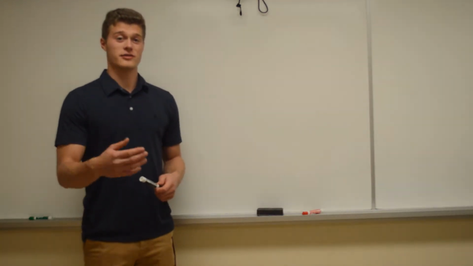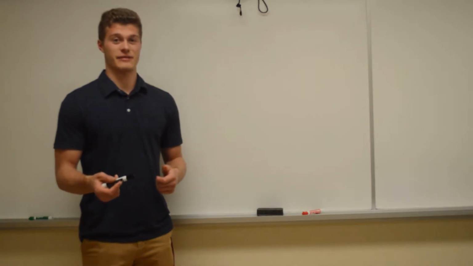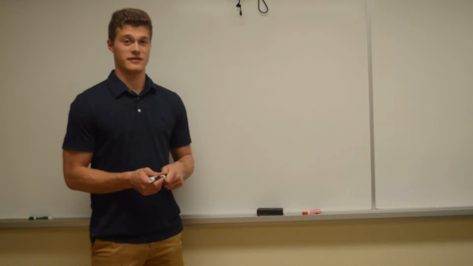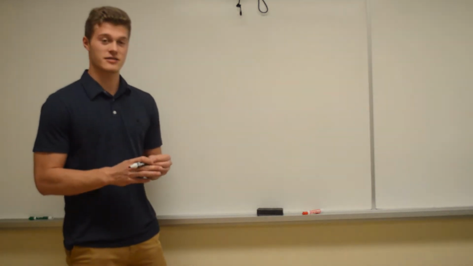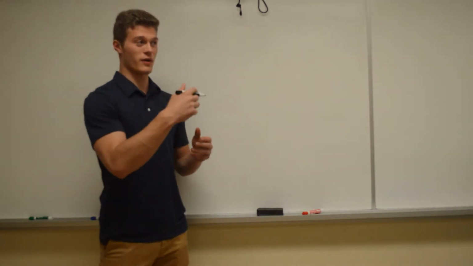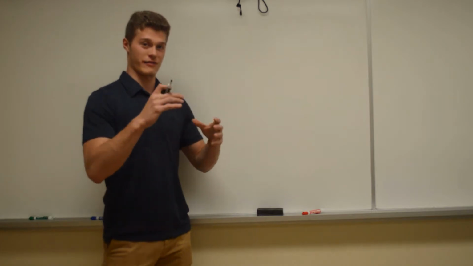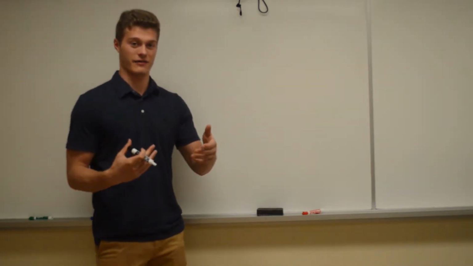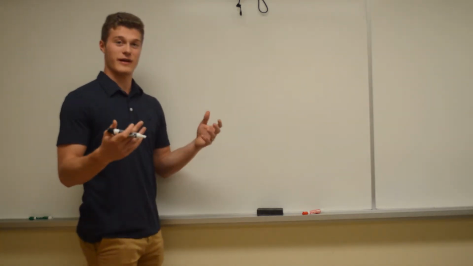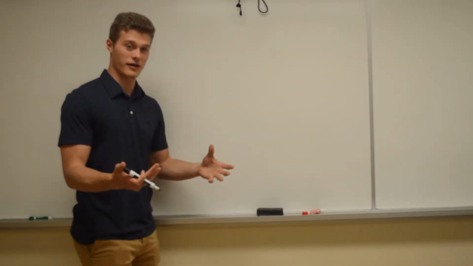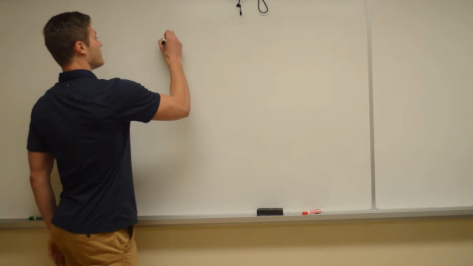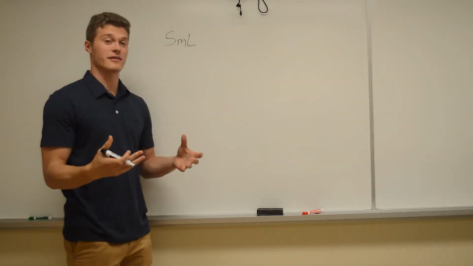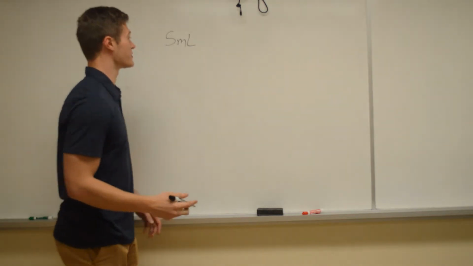Conversion factors also exist across different unit families when the conversion factor is a constant. A good example of this is density. The density of water is 1 gram per mil. So for every milliliter of volume of water, the mass will be 1 gram, and vice versa. So let's say we have 5 mils of water. If you want to know the weight of that, you simply use your conversion factor again.